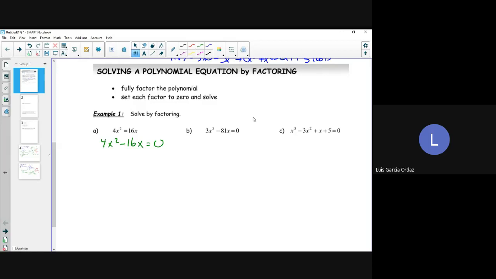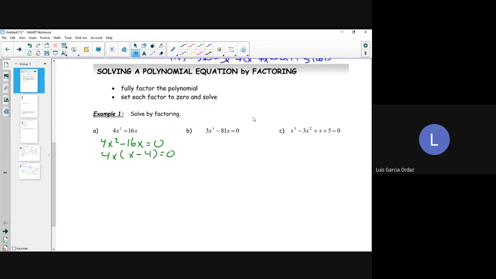So we have 4x squared minus 16x is equal to 0. What can we factor out first? 4x. If we factor out 4x, what does that give us? x minus 4. 4x times x minus 4 is equal to 0.